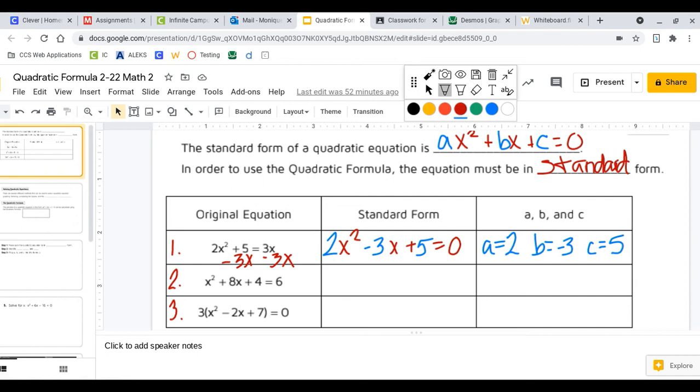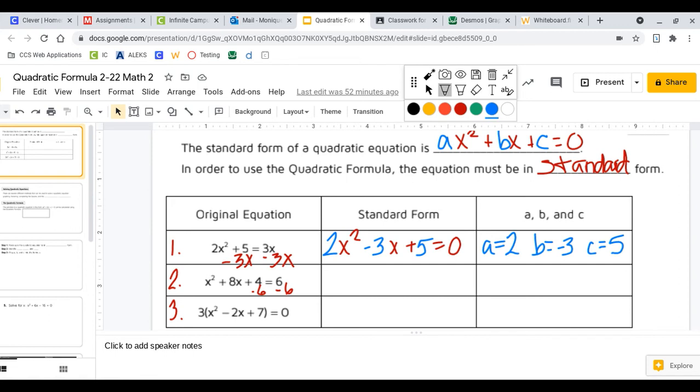Okay, I'm going to go to number 2. Number 2 also is not equal to 0, so I want to subtract 6. This time, there is a like term on the left side of my equation, so I can combine that with the 4 when I rewrite my equation in standard form.